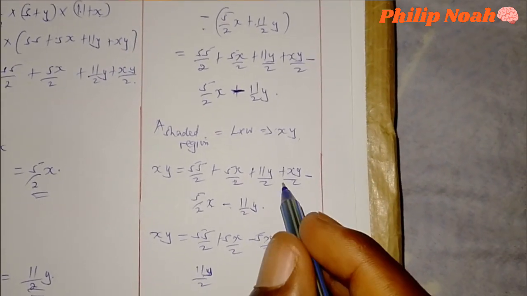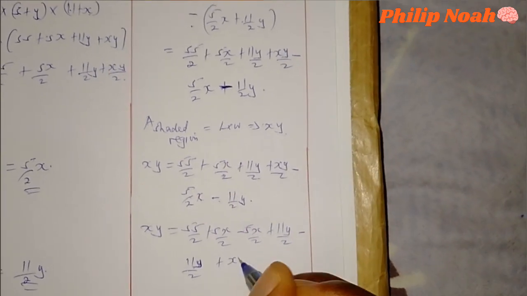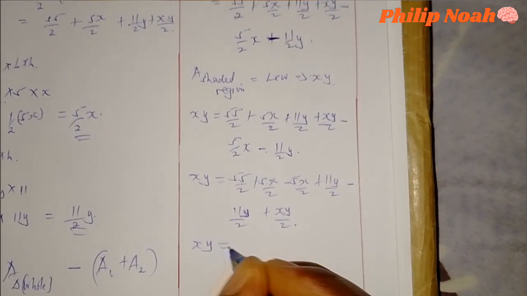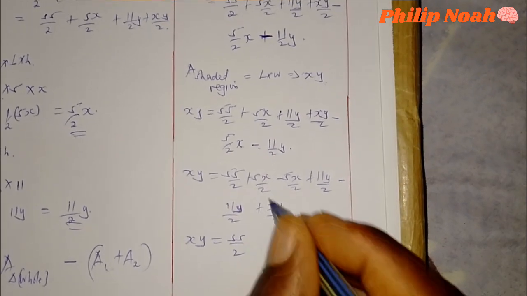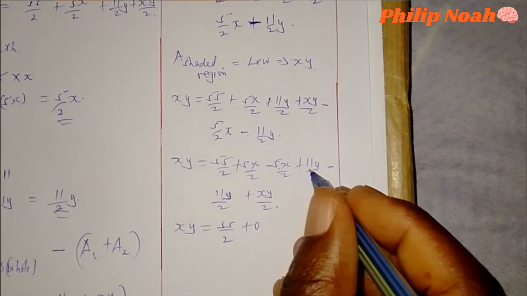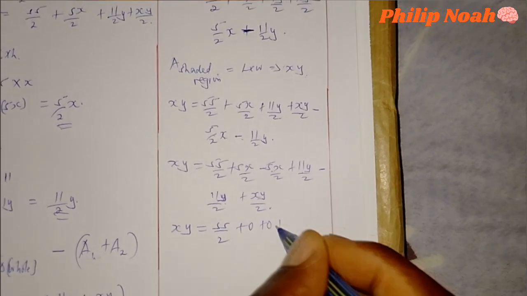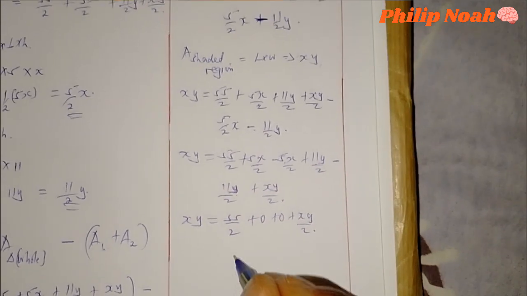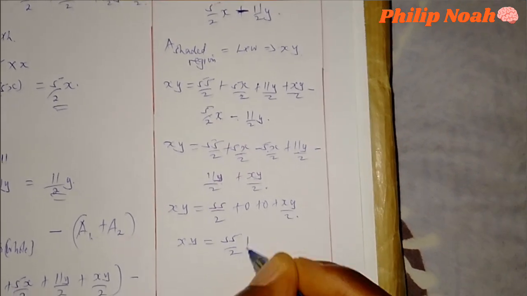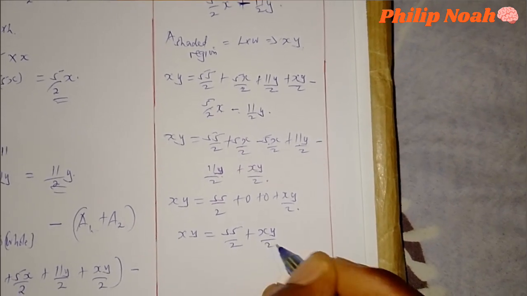Are you there? We are here, plus xy over 2. So this becomes xy is equal to 55 over 2, this plus this minus this is 0, this minus this is 0, plus xy over 2. So xy is equal to 55 over 2 plus xy over 2.